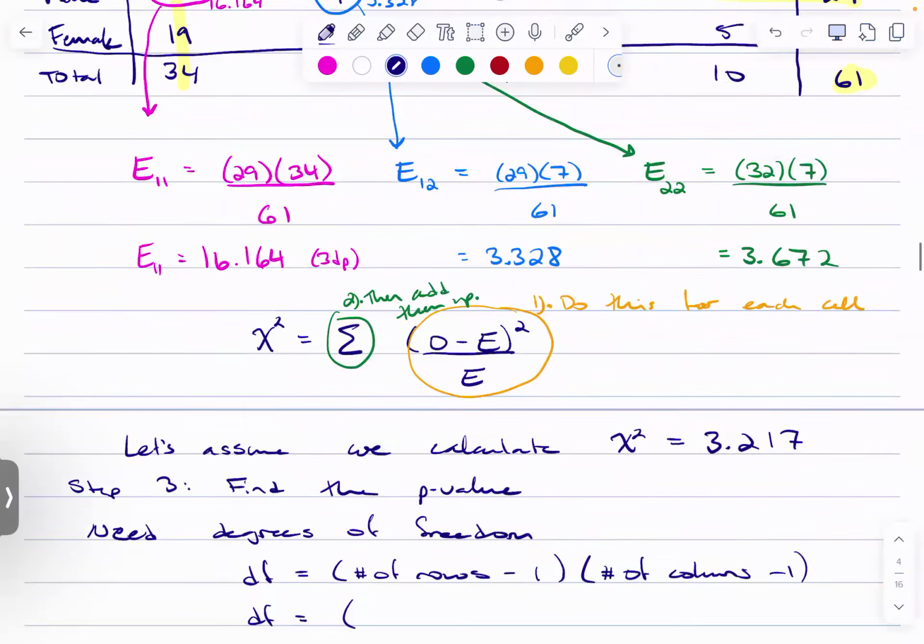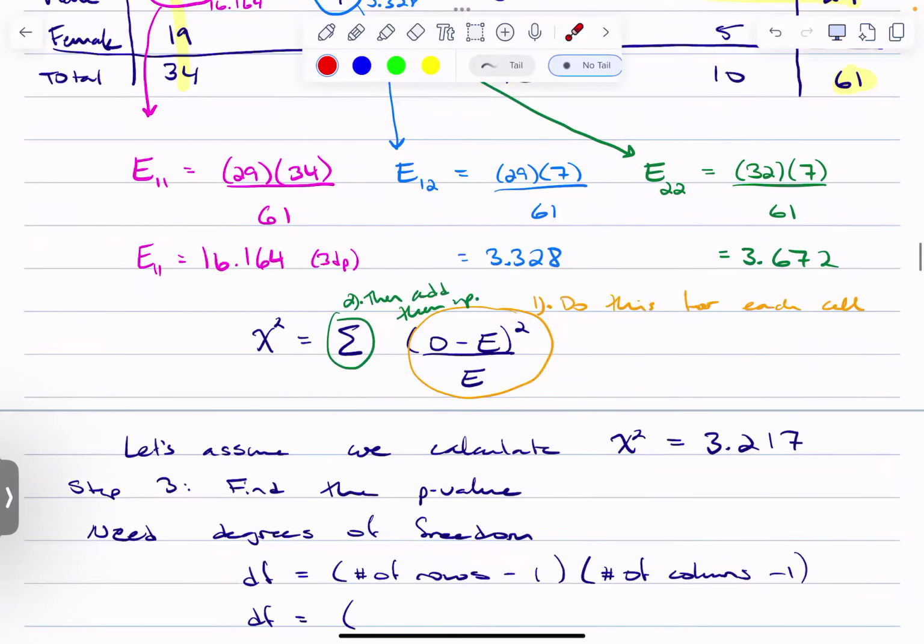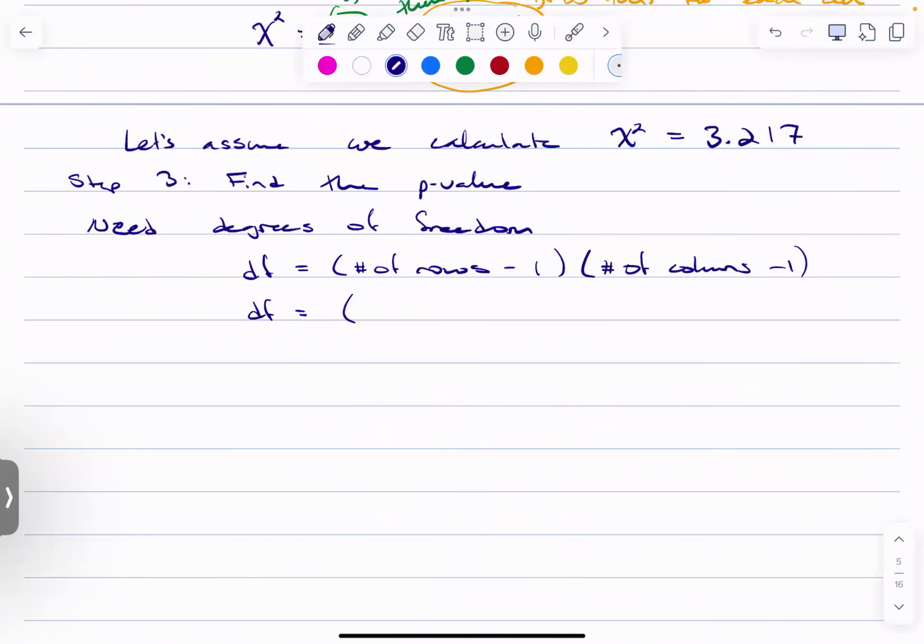How many rows do I have? I have 2 rows and I have 4 columns. Two minus 1 is 1, and 4 minus 1 is 3. So I have 3 degrees of freedom.